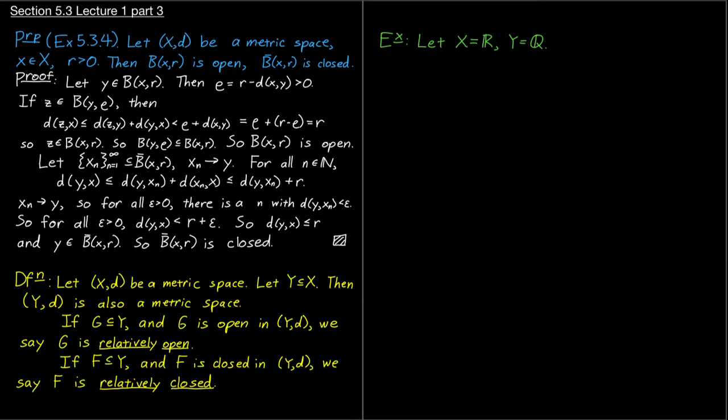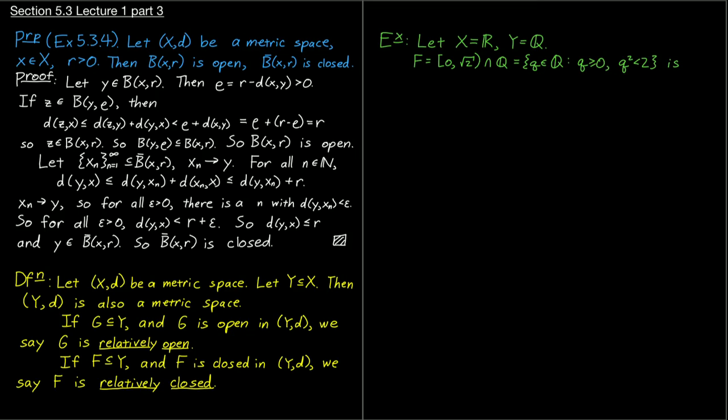Then the set F, that is, let's say, [0, square root of 2] intersect the rational numbers, that's the set of all rational numbers that are non-negative and whose square is less than 2.